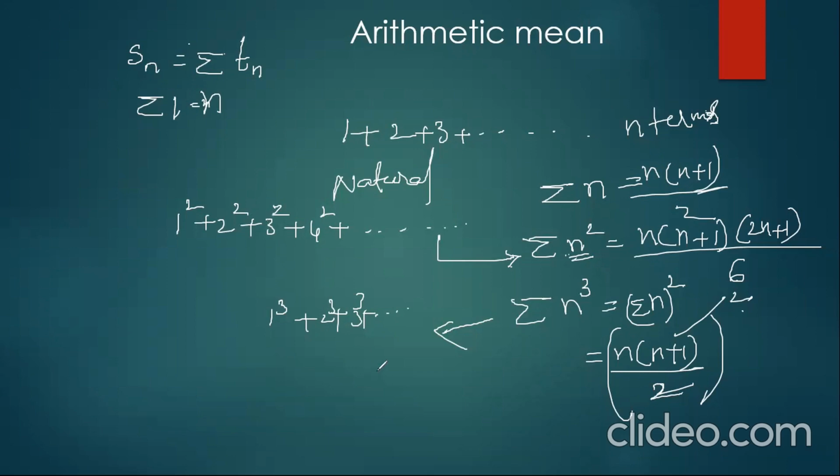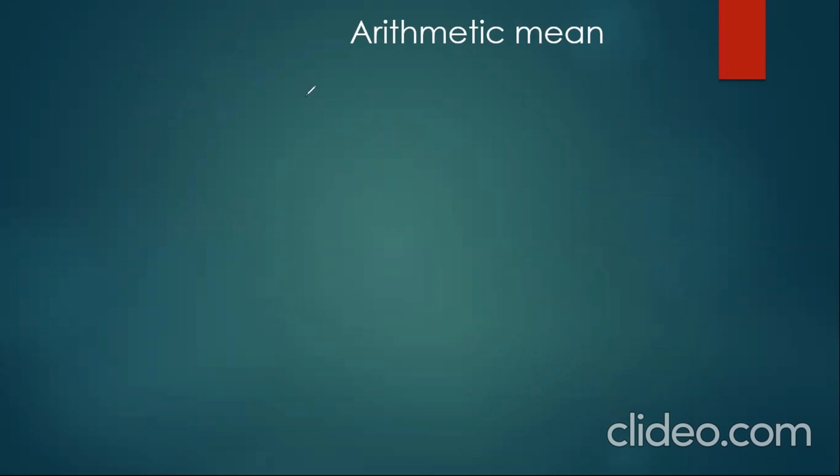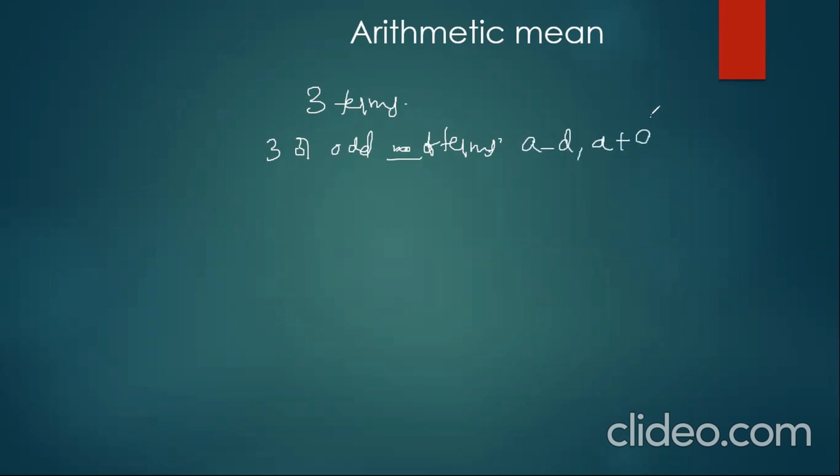Sometimes they may ask problems like this. If three terms are in AP, then their sum and product are given, and they are asking us to calculate the terms. At that time, if you take three or an odd number of terms, then a minus d, a, a plus d are the three terms.